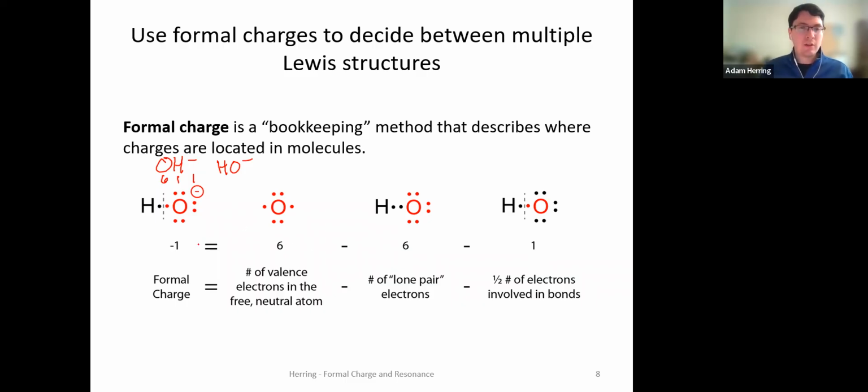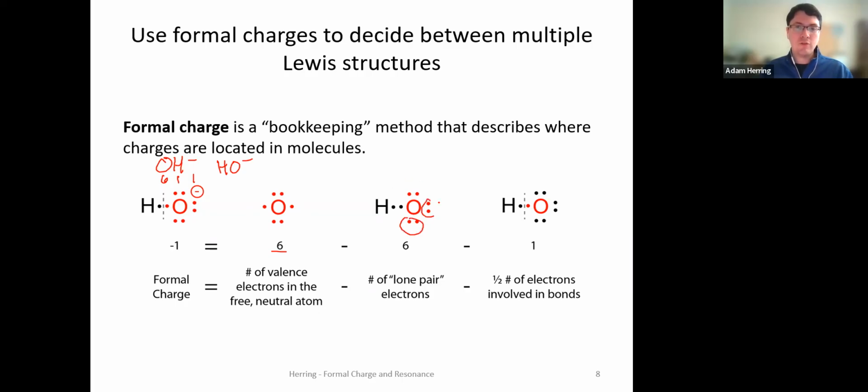The way that this is calculated is by determining and comparing the number of valence electrons in the atom to the number of electrons that are in the molecule. So the formal charge of oxygen in this case is calculated by taking the number of valence electrons. Oxygen has 6 valence electrons. We subtract the number of lone pair electrons, which in this structure we have here in red.